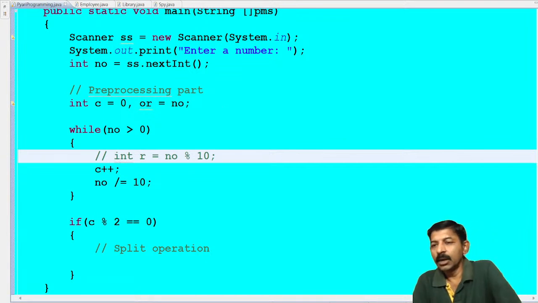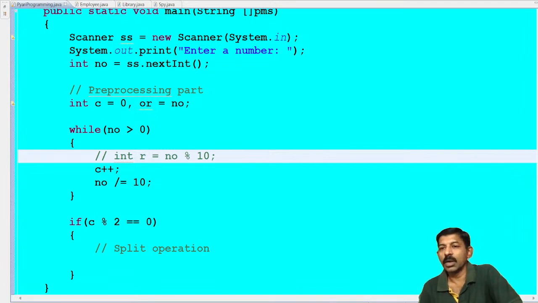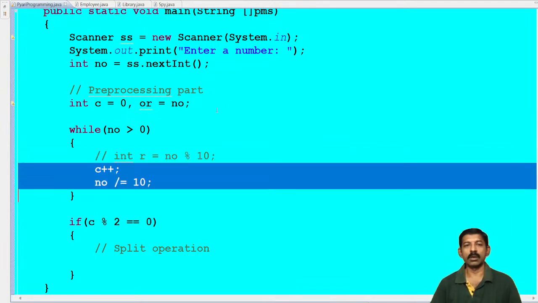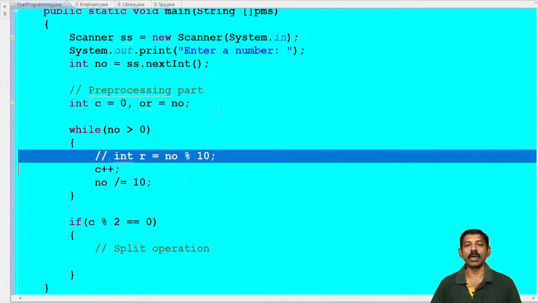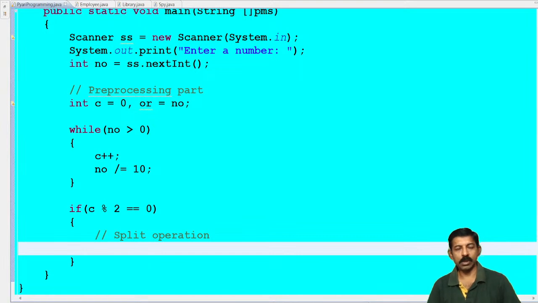I have already told this particular statement so many times. That's why I was waiting for a longer period of time to ask, are you sure? I'm waiting for the other candidates. That's why I said R modulo 10 is not required because the digit is no more used over here. So while counting, it is not required. Good. Now split operation.